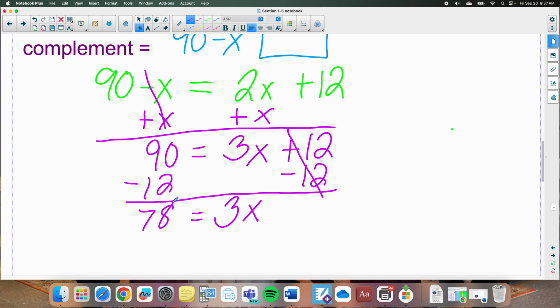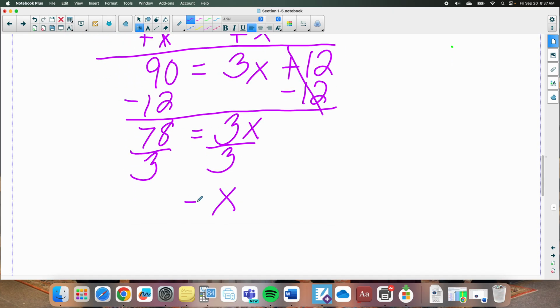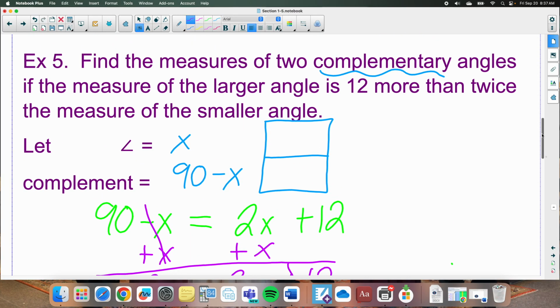Then I'm gonna divide by 3, and when 3 goes into 78, let's see, is it 26? Okay. Now, I'm gonna go back up to my answer here, all right? And this was 26, what would this be then? 90 minus 26, which is 64. And again, this is your answer.